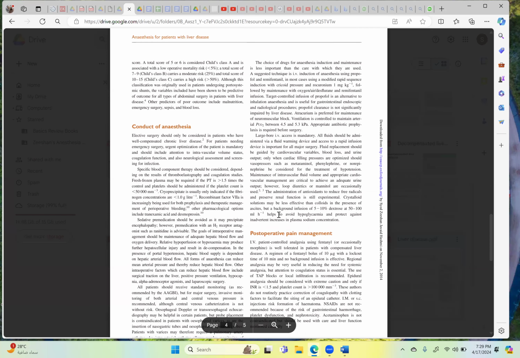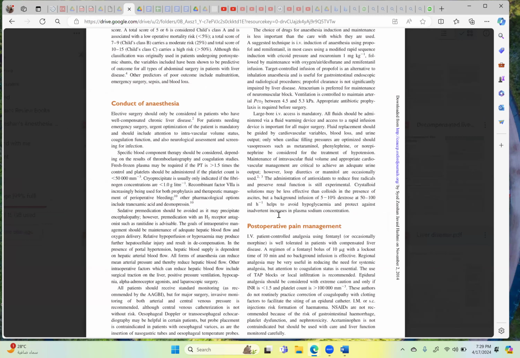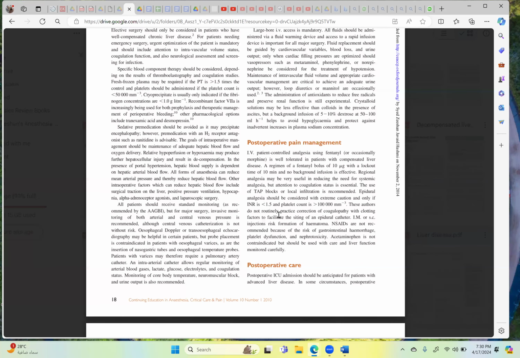Conduct of anesthesia, because you can explore further various things like how to improve INR, how to improve gastric motility. Any question? You can explore further what you need to do for the improvement of care.